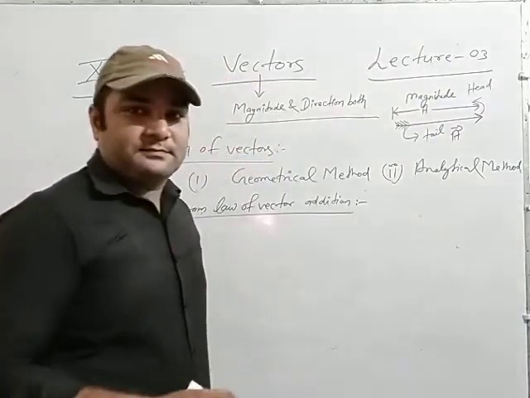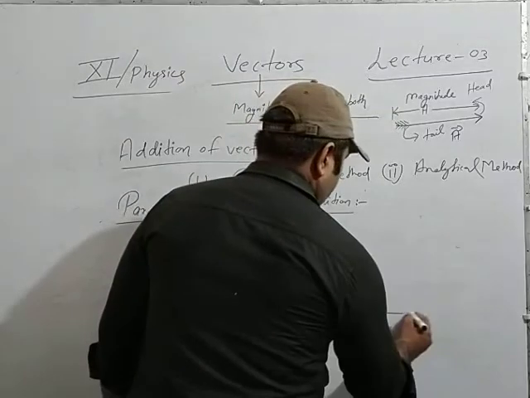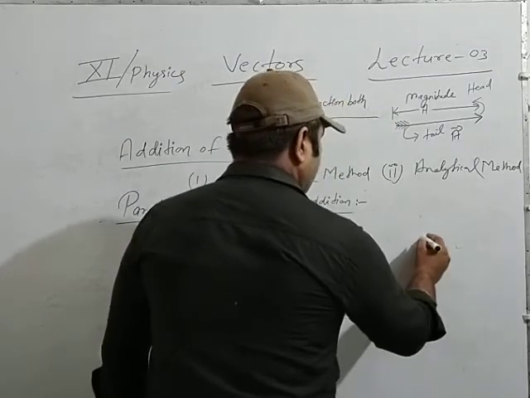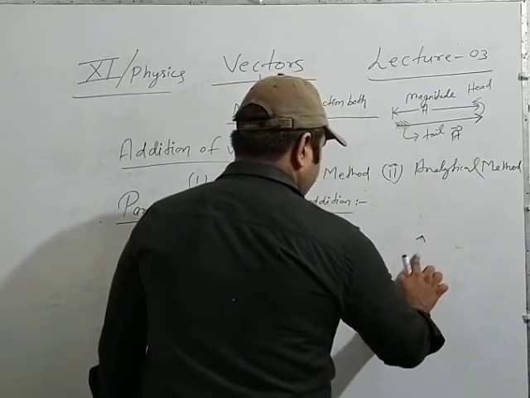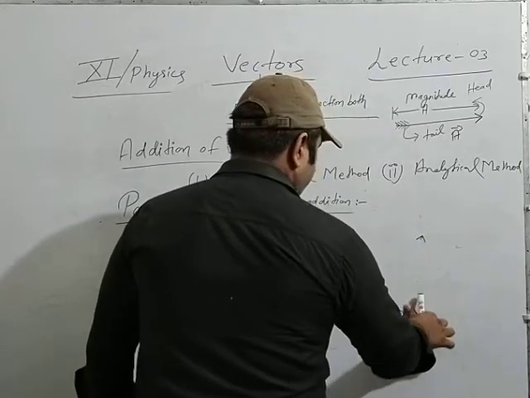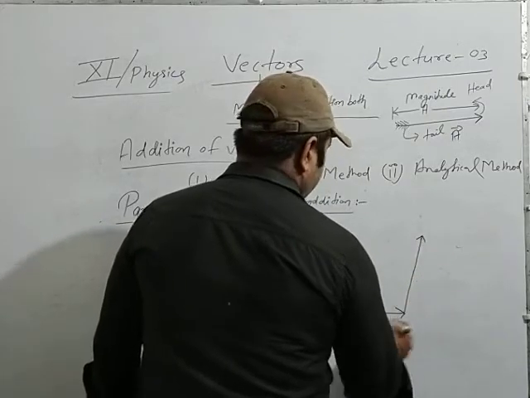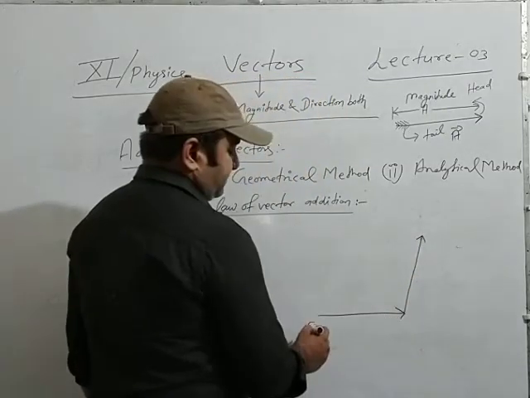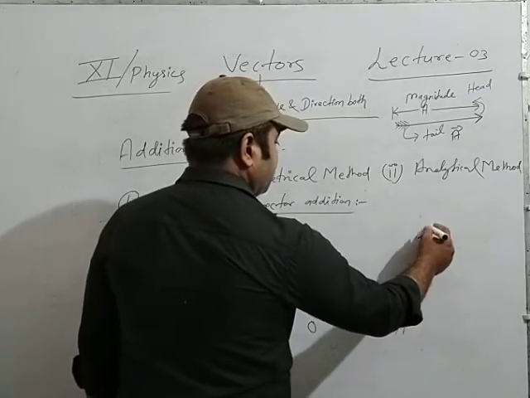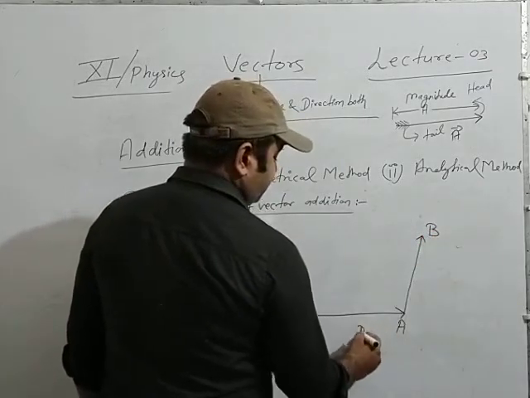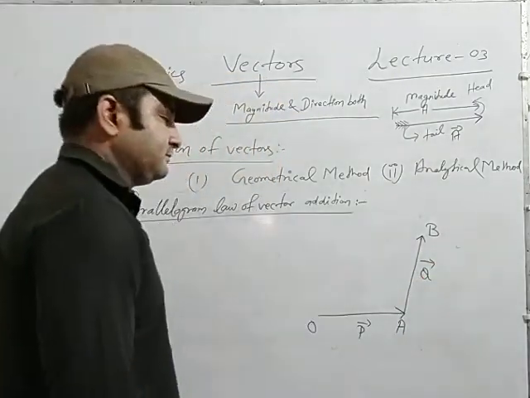Suppose two vectors are represented by two adjacent sides of a parallelogram, in this way. This is O, A, and this is B. Suppose this is vector P, this is vector Q. Clear?